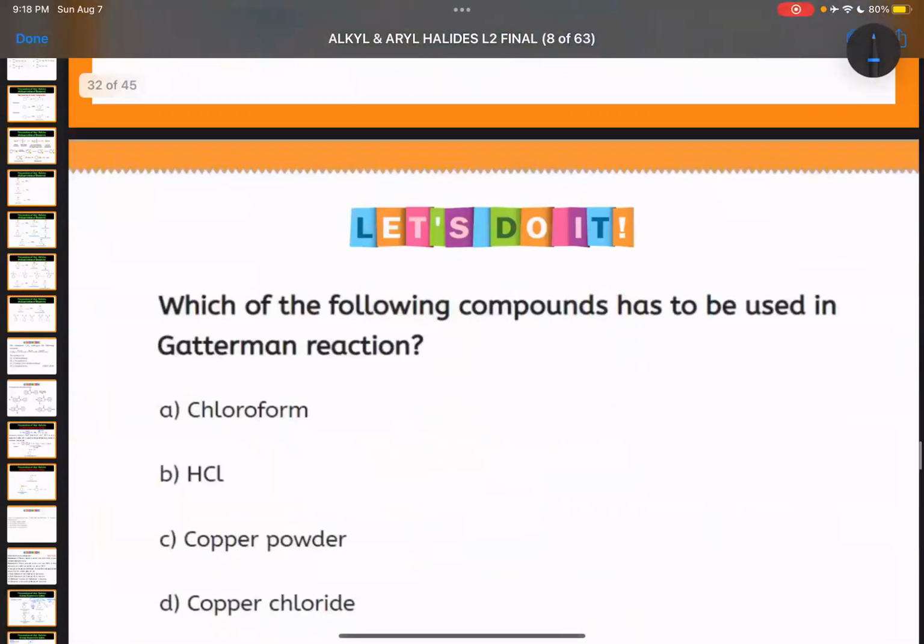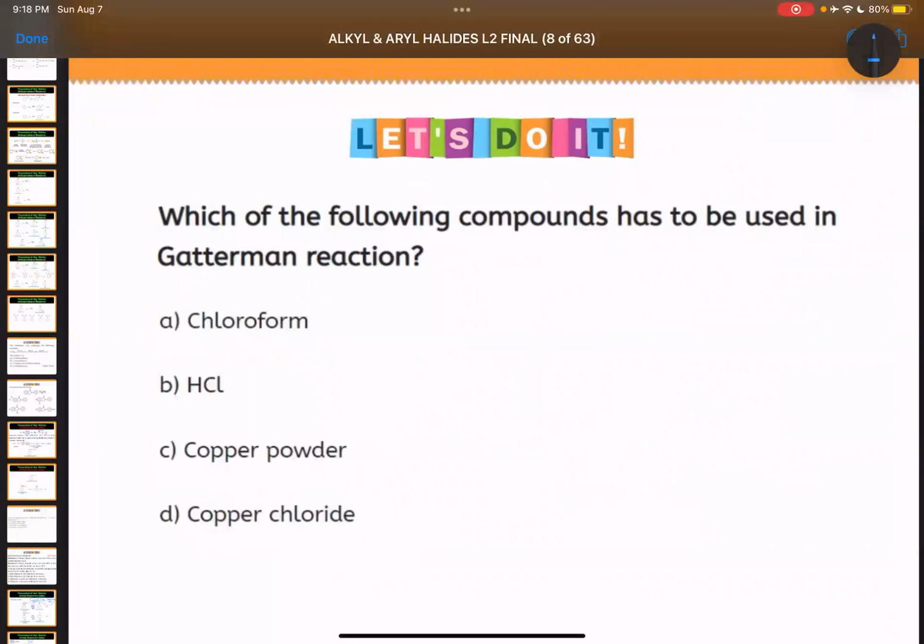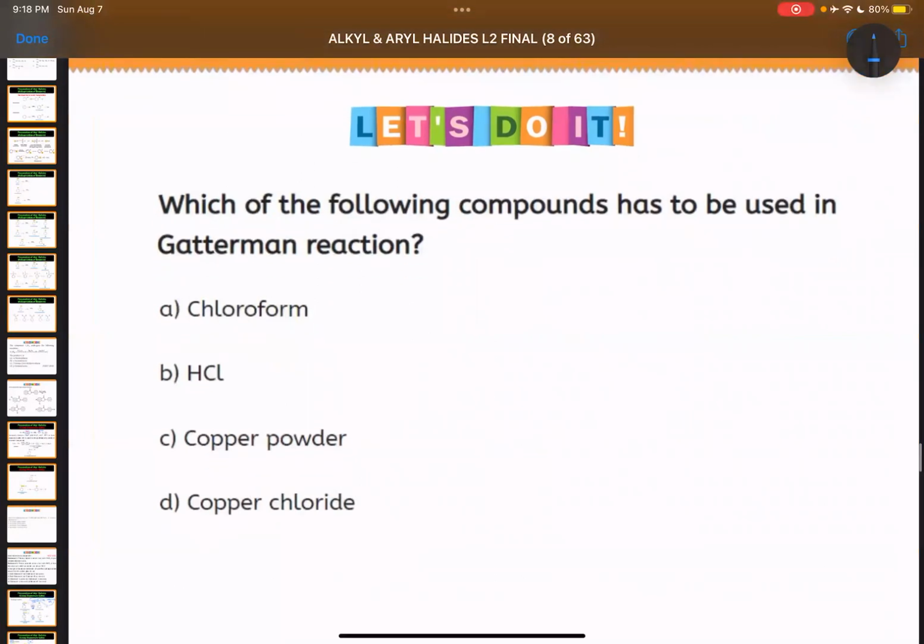So let's do some questions. Option C. Which of the following compounds has to be used in Gattermann reaction? Yeah, good.